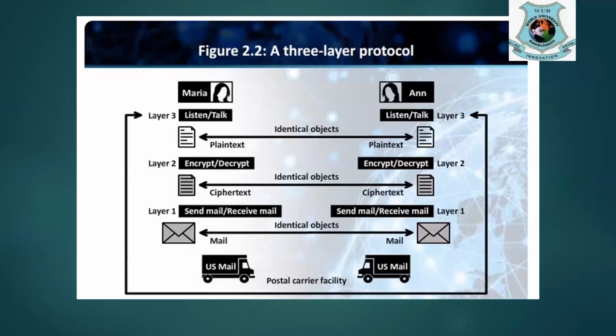So if every layer is doing its job successfully, then the whole job will be done successfully, right? So layering will make the whole task very much simple and effective. Okay, so a complex problem can be solved using layering in a very simple process.